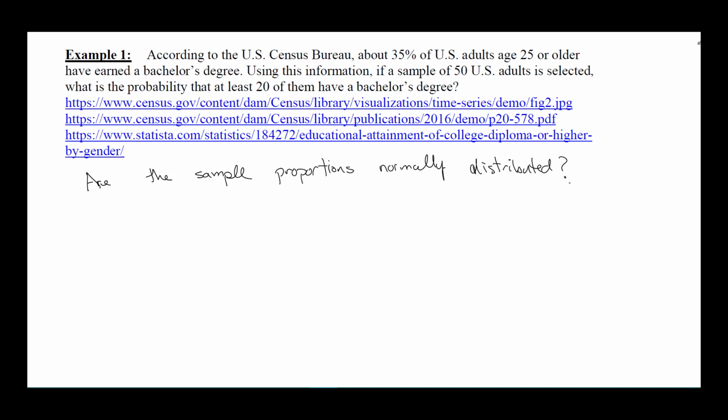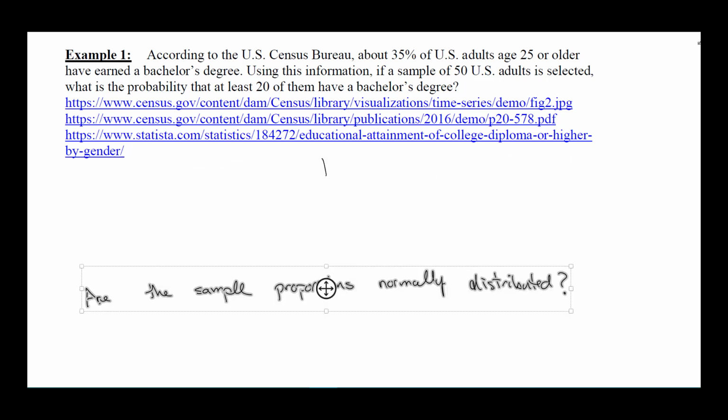Okay, and so we need to figure that out, and actually, maybe even before we get to that, we need to figure out what is the population proportion. So basically, what is our characteristic of interest? So our characteristic of interest is that they have a bachelor's degree, right?